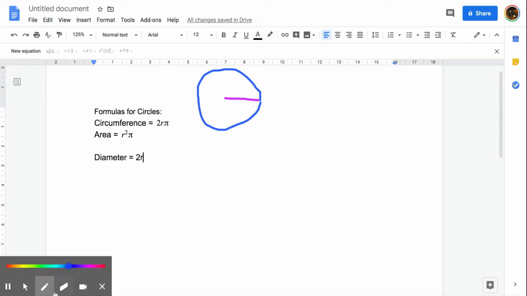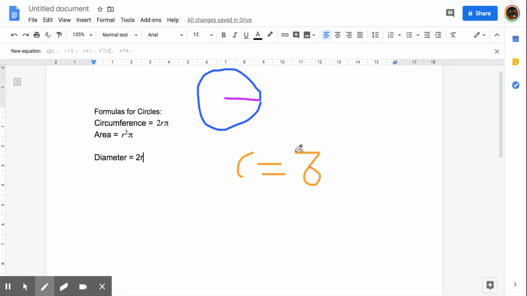So in our problems earlier, when we were doing the Kahoot, if you're given a circumference of 8 pi, 8 times pi, well, if we look here, there's 2 times the radius times pi. We can ignore the pi. 2 times the radius.